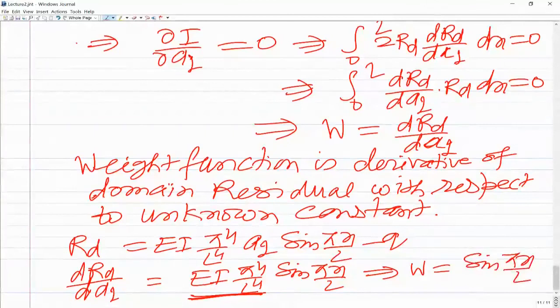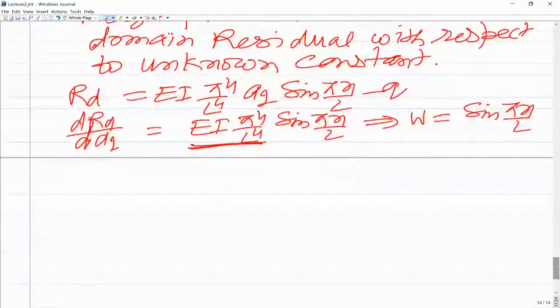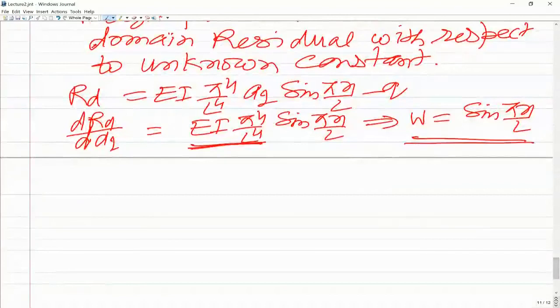Now the interesting thing to note is that, only in this particular case, and it is not always necessary, W is equal to sine pi x by L, which is the same as what we had in the Galerkin method, not the Petrov-Galerkin but the Galerkin method. So the solution is going to be the same as the Galerkin method, because the weight function is the same, so the constant A1 is going to be the same.